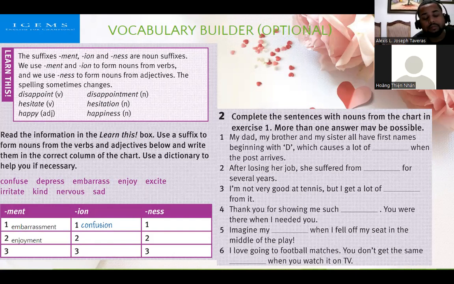Depression. Excitement. That could also be excitement. All right. So you have confusion. Check the words you have on top, and then you may have a nice answer for me.